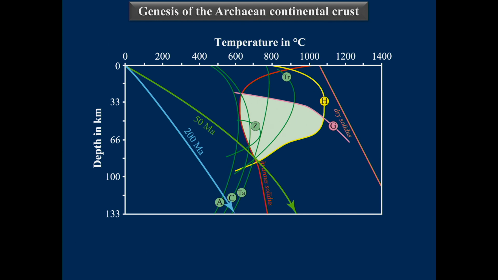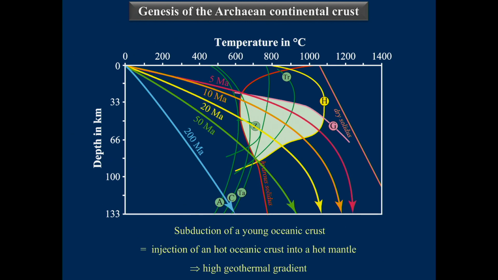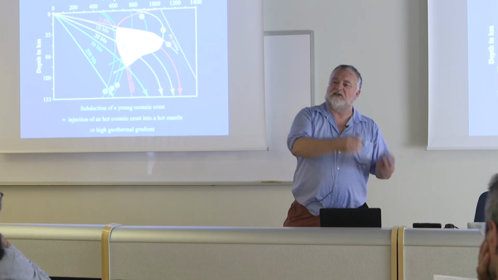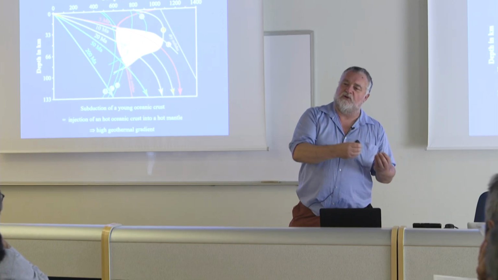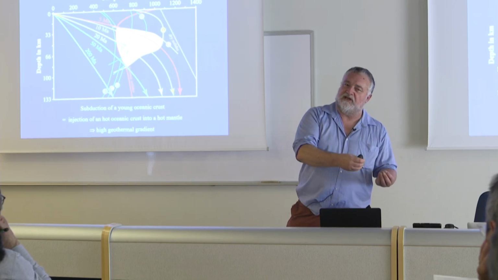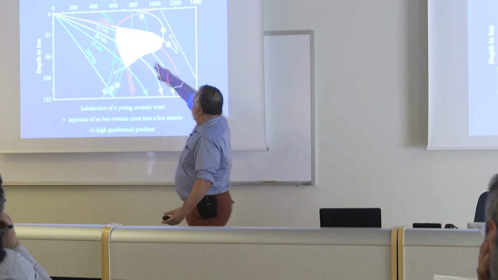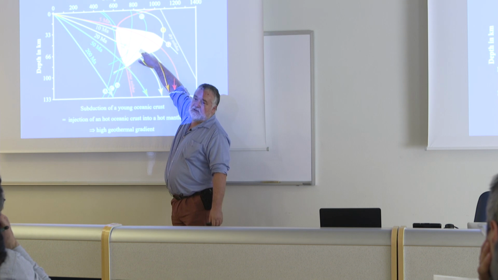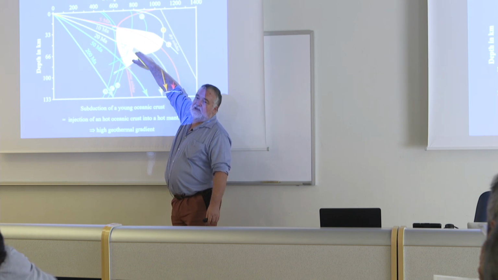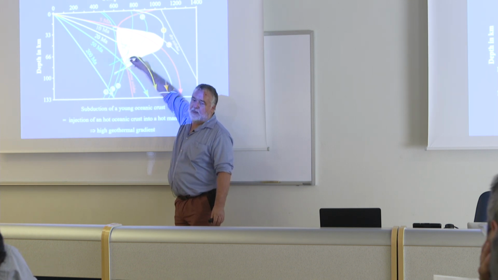And if we subduct here a very young crust, 5 or 10 million years, we will subduct not a cold, but a still warm oceanic crust. So we'll introduce into the mantle not a cold oceanic crust, but a warm oceanic crust. And in this condition, it should be possible to generate TTG-like magma.